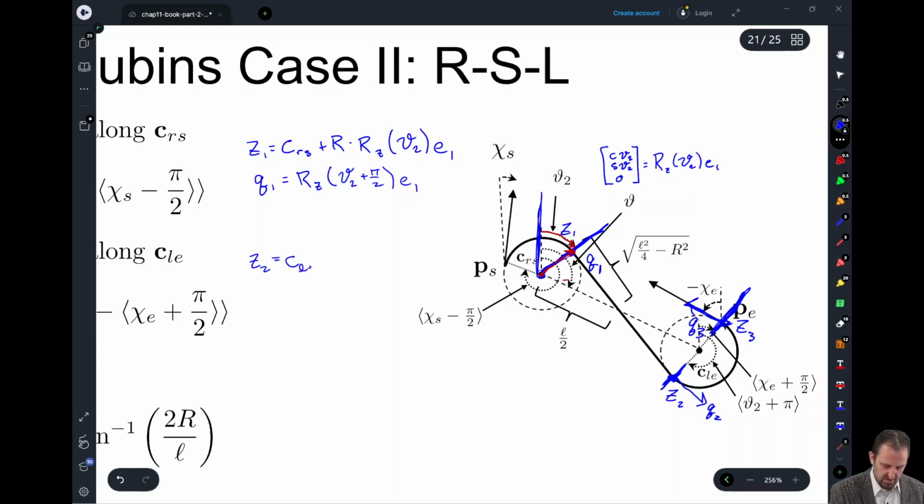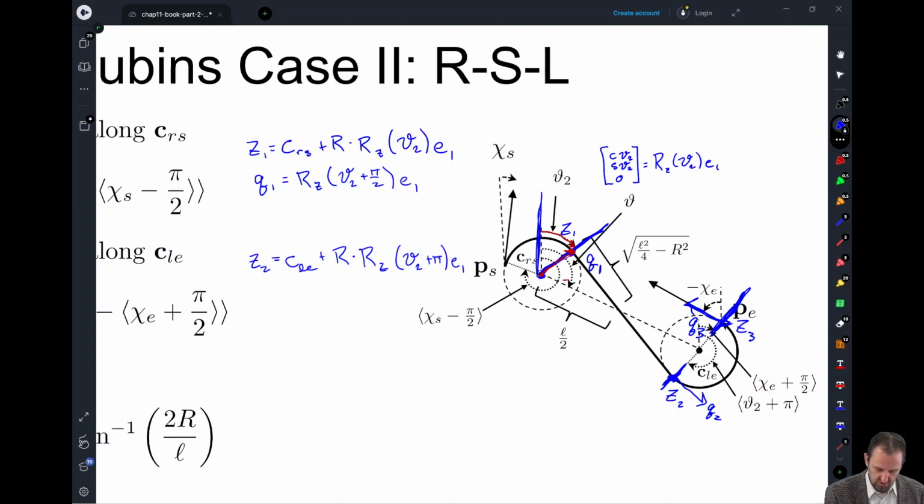Okay, Z2 then is just going to be equal to, let's write this up. We have our left end. We're going to do a very similar thing where we're just multiplying R times RZ, and then we have arg theta 2 plus pi times E1. Because remember, now when we're joining the path, we're pointing along a vector that's in the opposite direction.